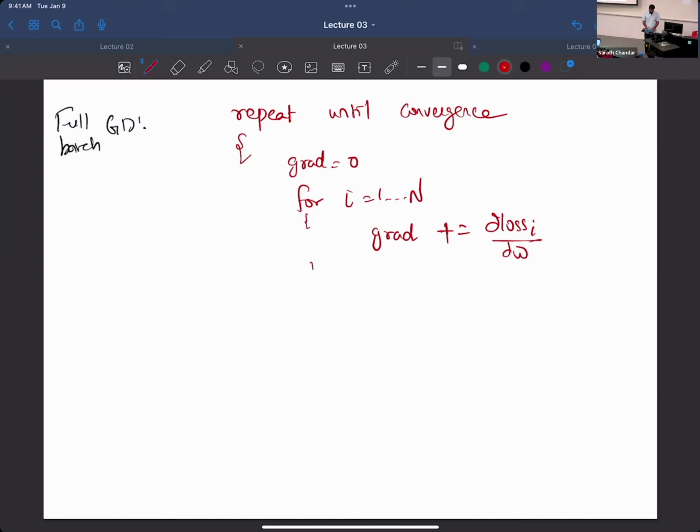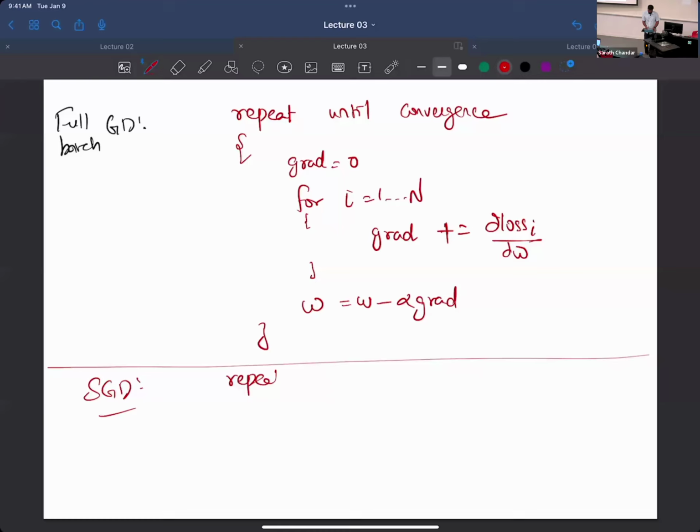Right? This is the for loop. Then w is equal to w minus alpha times the gradient. Okay. But SGD is going to be repeat until convergence, for i equal to 1 to n, w is equal to w minus alpha dou loss i by dou w.